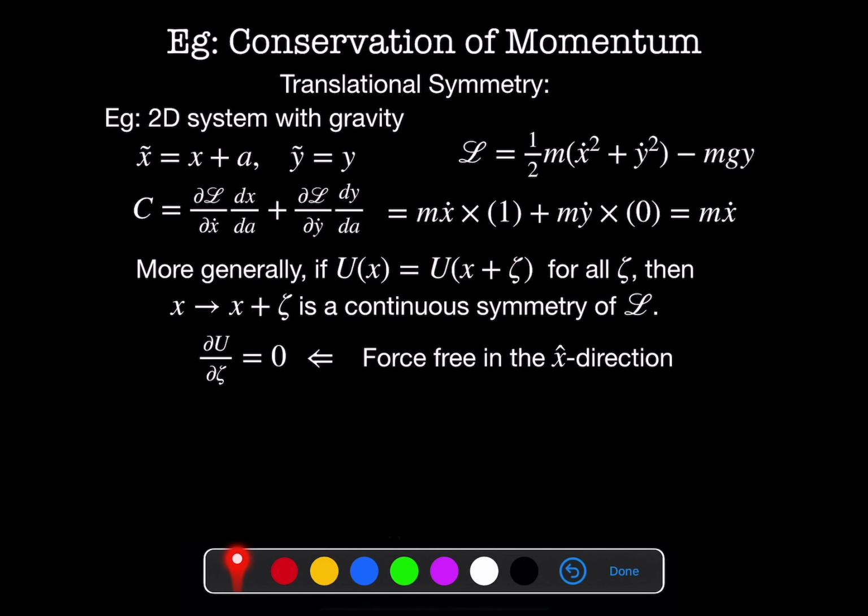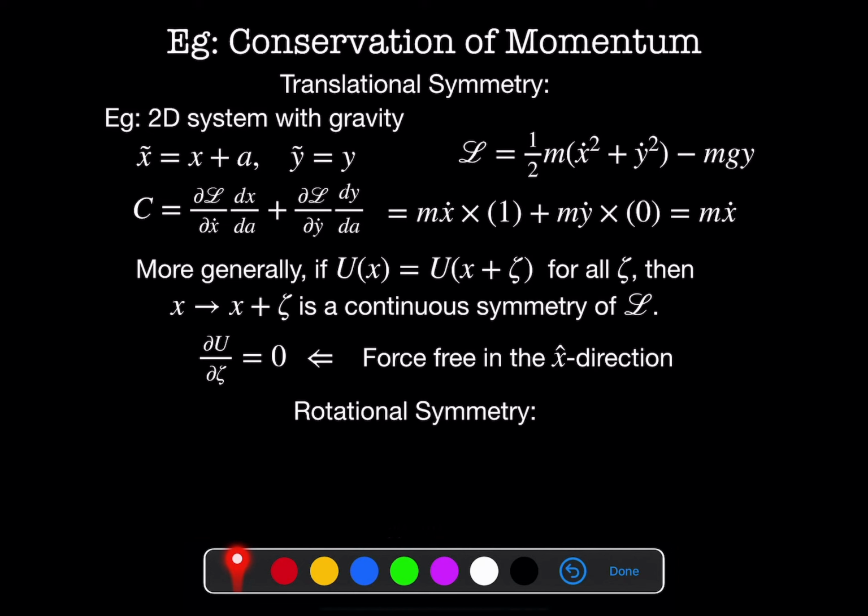That tells us that we are force-free in the x direction, because here we're looking at x plus ζ. So this is a mathematical way of saying that if there are no forces in some direction, say x, then the momentum in that direction is conserved. And that just comes out of the formalism of Lagrangian mechanics.